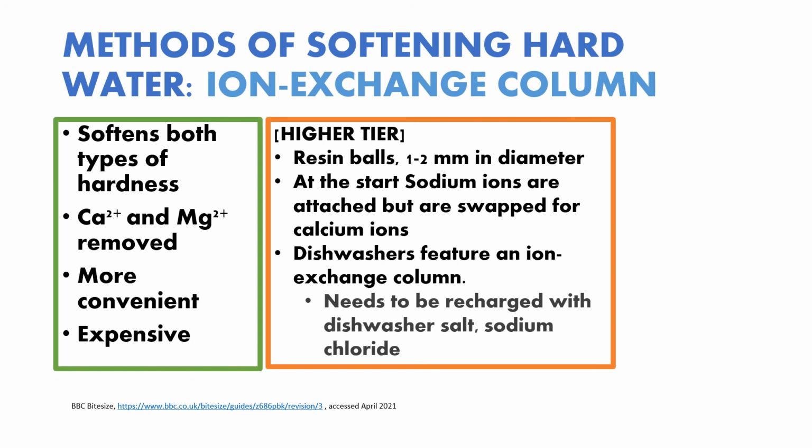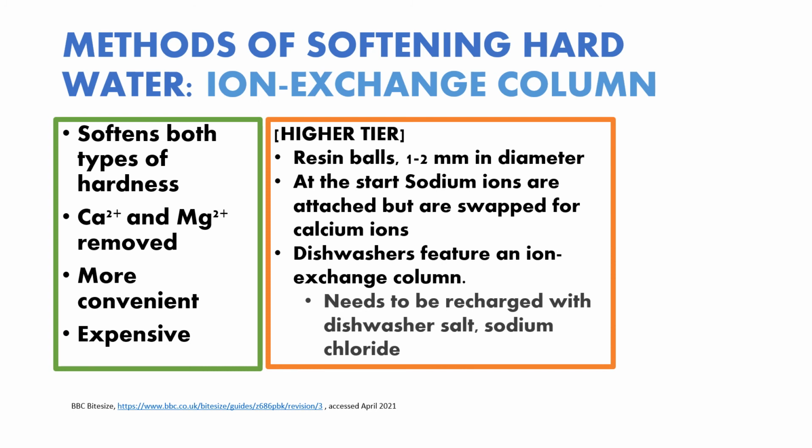An advantage of using the ion exchange column is that it does not need to be replaced as washing soda does, making it a more convenient method. A disadvantage, however, is that ion exchange columns are expensive.